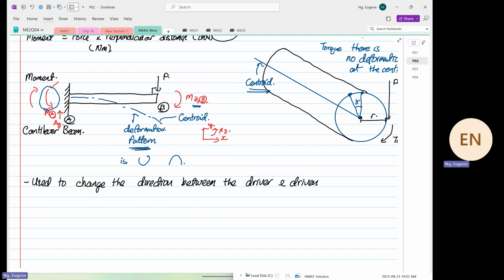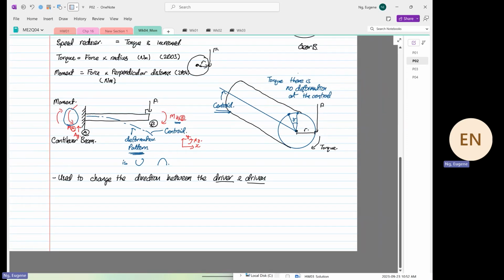Again, you come with two new terms. What you see down here is a term driver and another term, driven. So what is a driver gear and what is a driven gear?